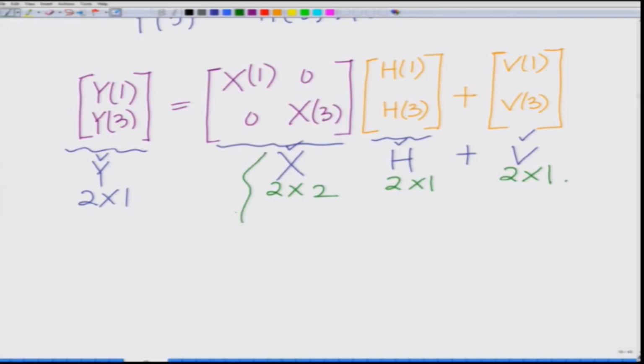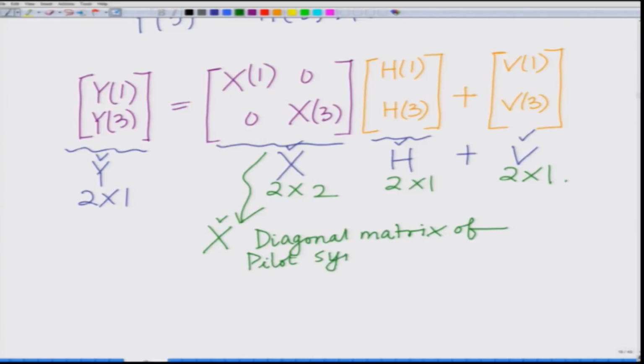And observe again that this x check is the diagonal matrix of pilot symbols x1 and x3, that is the diagonal elements are the transmitted pilot symbols x1 and x3, alright.